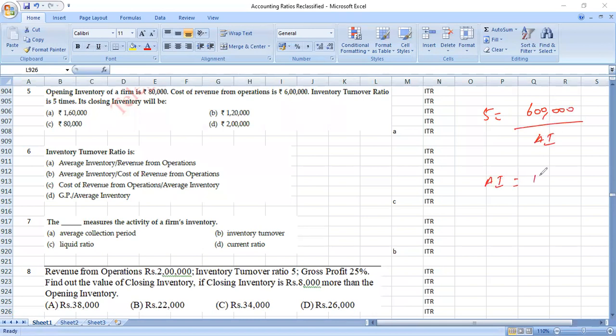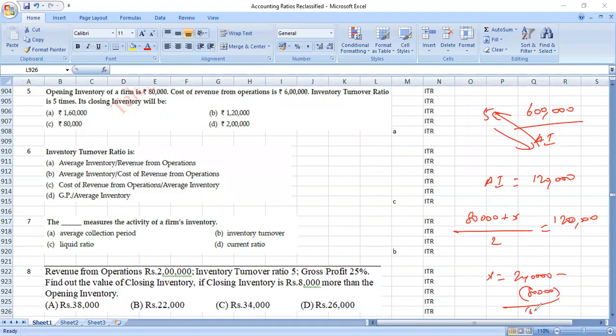Average inventory is equal to 1,20,000. Opening inventory 80,000 plus closing inventory X divided by 2 is 1,20,000. That is average inventory. So X is equal to 2,40,000 minus 80,000, which will give you 1,60,000. So 1,60,000 is the correct answer, my dear children.